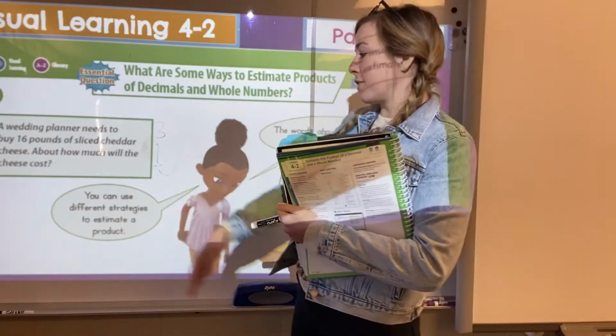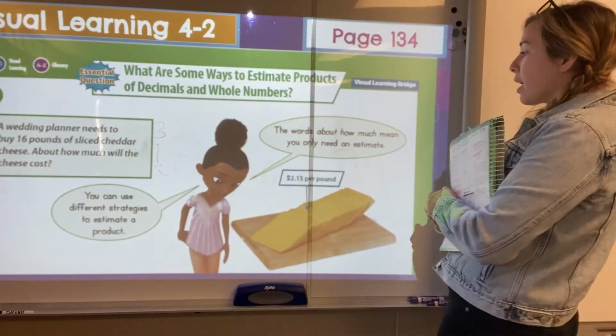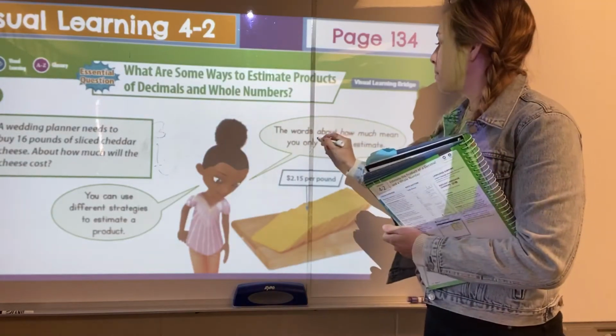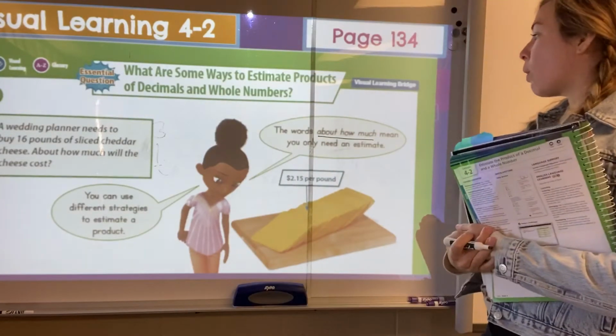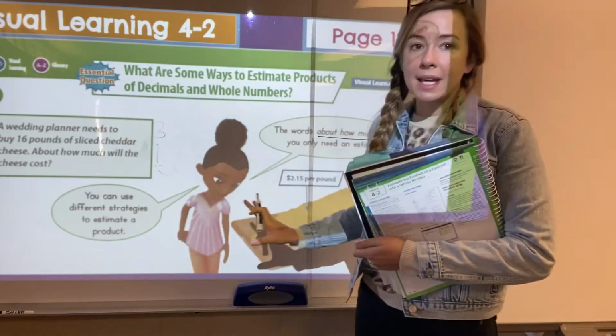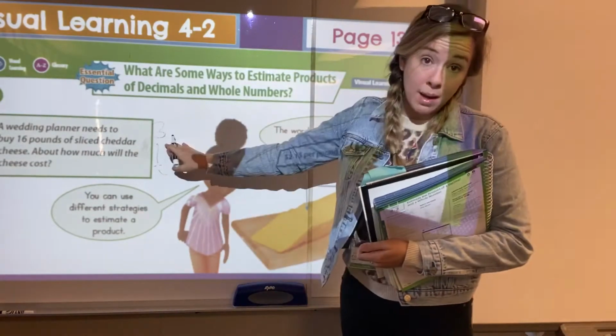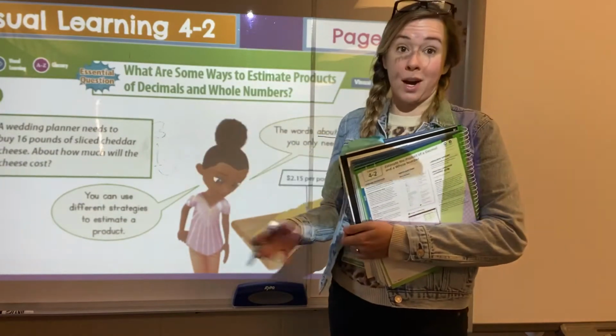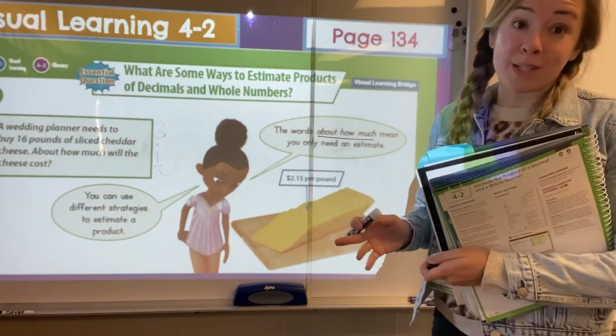So we can use different strategies to estimate a product. The words "about how much" mean you only need an estimation. You don't need to find the exact number for this. Of course, if you were this wedding planner, you would probably want the actual amount that it's going to cost, because the bride is going to want to know.